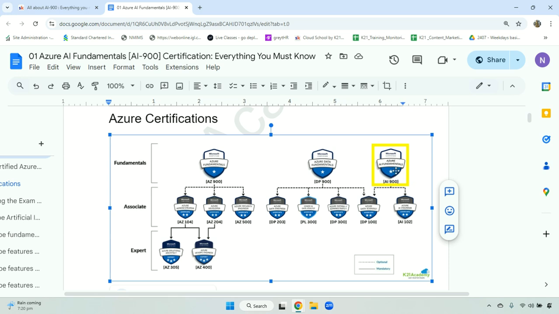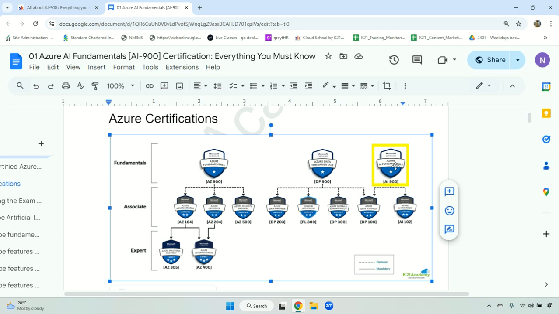That talks about the fundamentals of Azure's AI part. This means that this course is focused on anyone who is very new to AI and wants to get an idea about what all we will be covering in AI. For that purpose, we have this particular course which gives you an overview of the concepts in AI fundamentals.